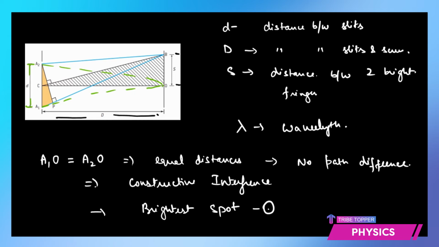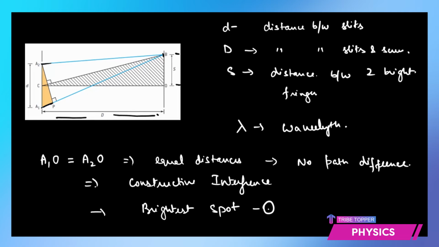But the two blue waves that you see here are traveling a slightly different path. So A1B and A2B, the lengths of the path are different. You can see how much is the difference.